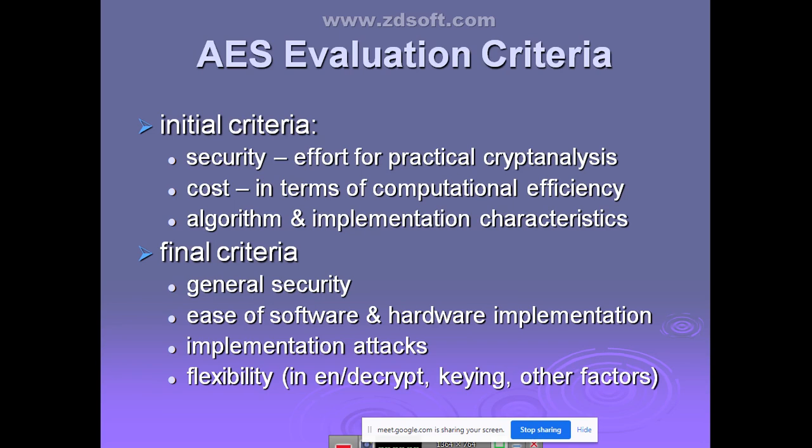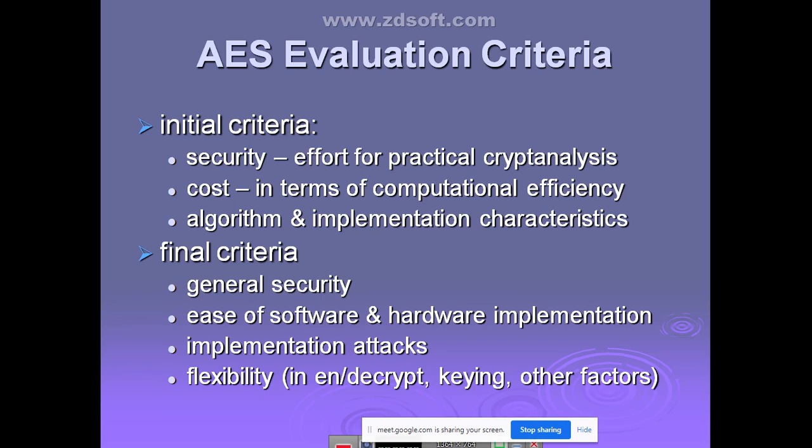In the initial criteria, the security part indicates the effort for practical cryptanalysis. That means the cryptanalyst, the attacker, how he is going to break the code, how much effort he is going to take to break that particular ciphertext to get the plain text.